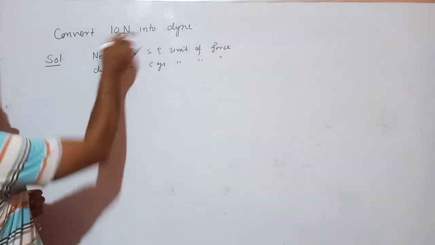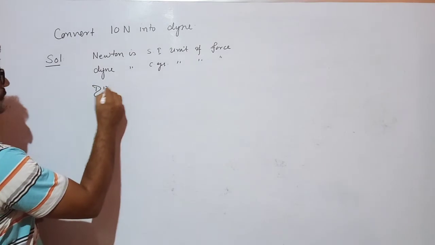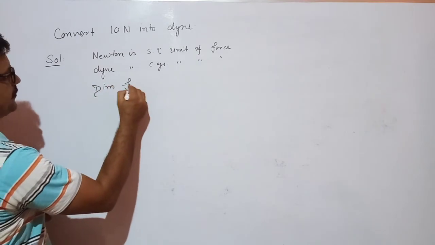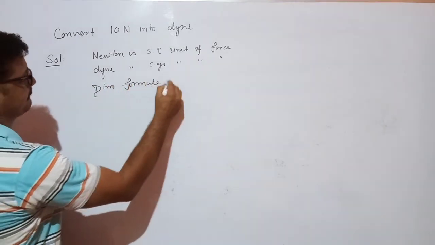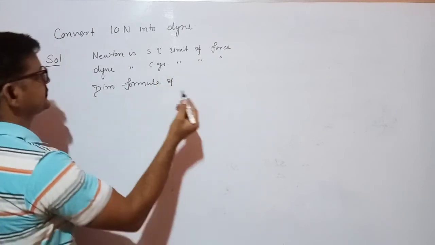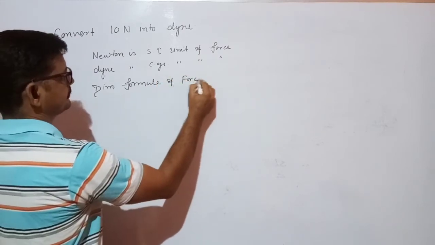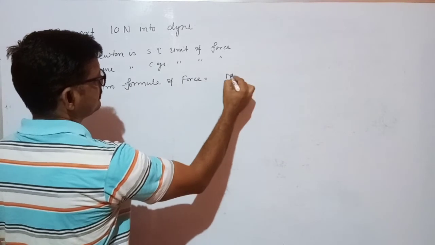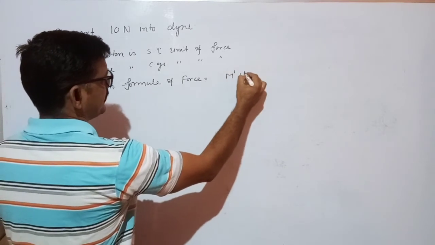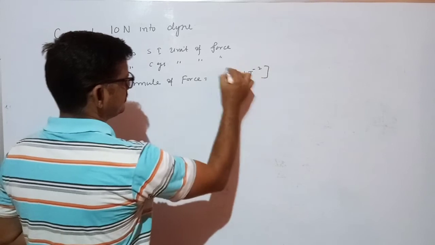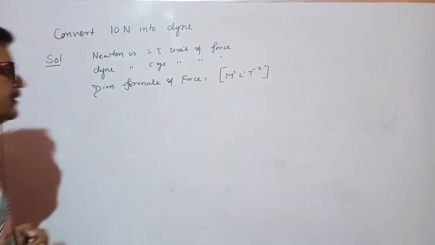Next, what is the dimension formula of Newton? The dimensional formula of force is equal to M power 1, L power 1, T power minus 2.